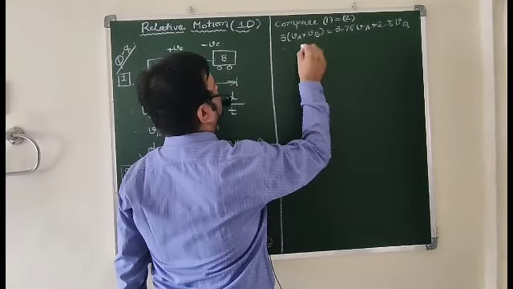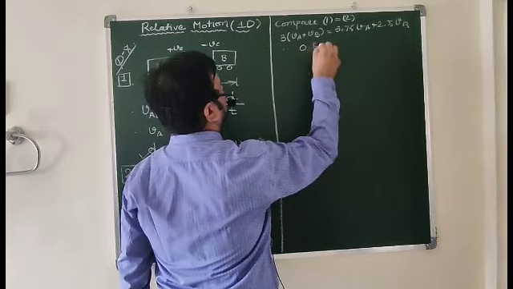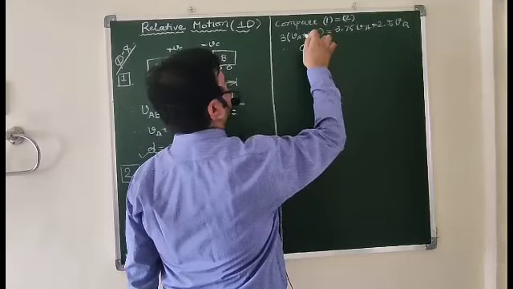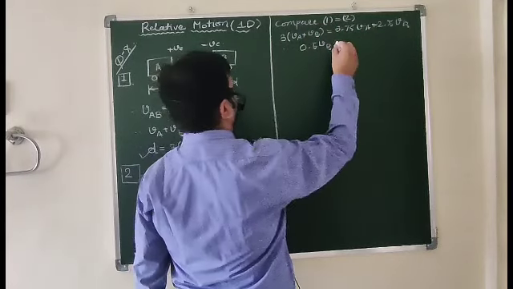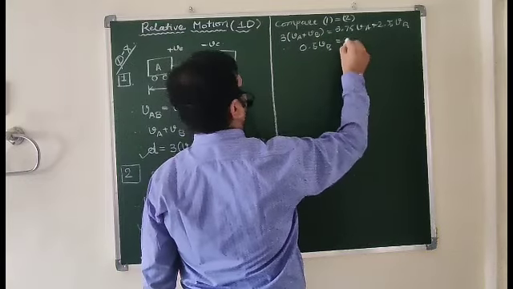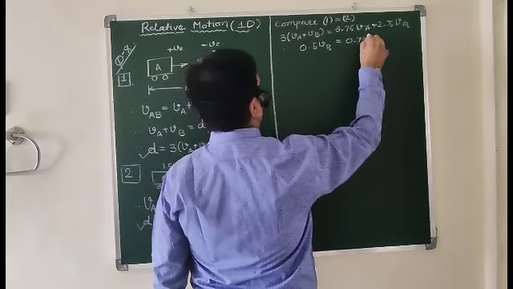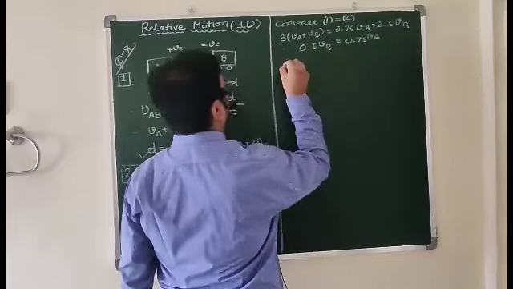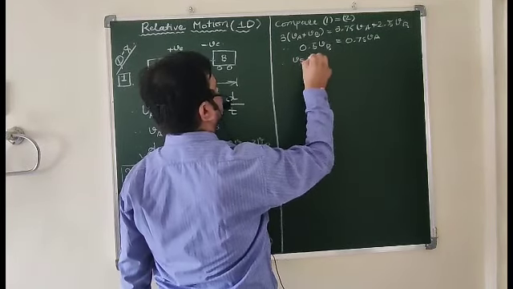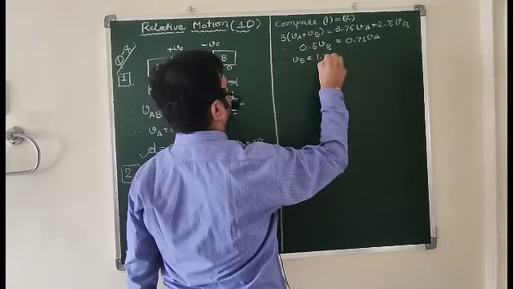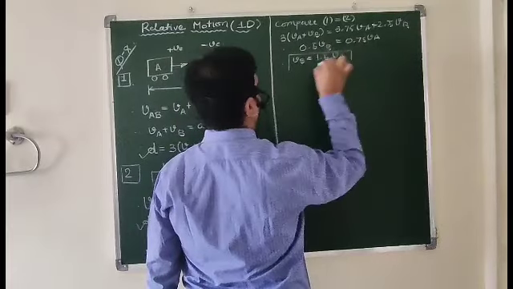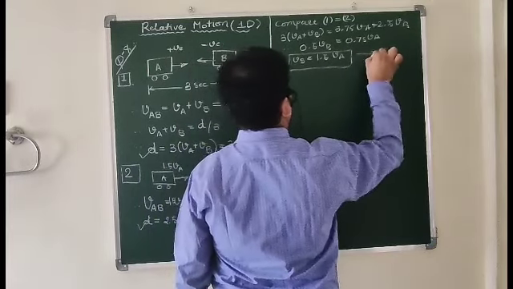So here 0.5 VB, because 3VB minus 2.5VB is 0.5 VB, and 3.75VA minus 3VA is 0.75 VA. Multiply by 2, so VB is equal to 1.5 VA. This is equation number 3.